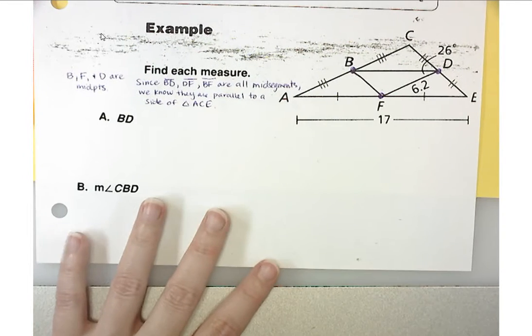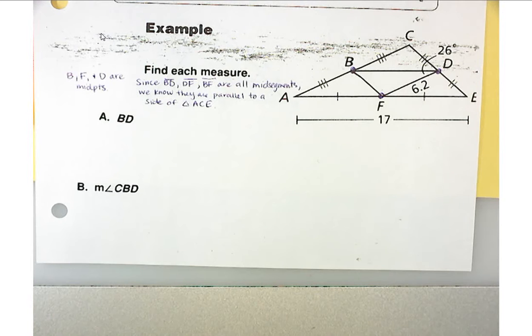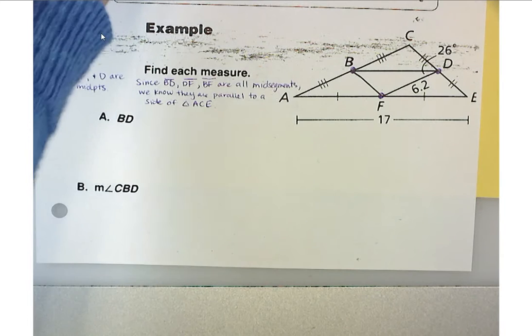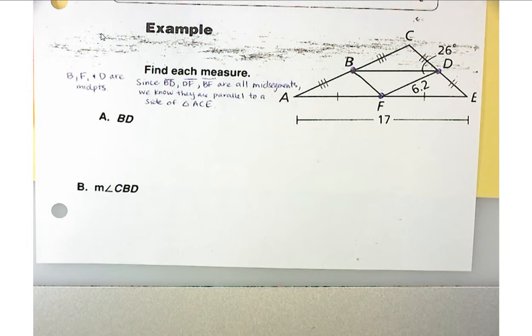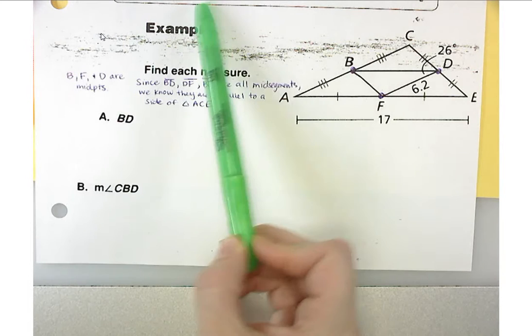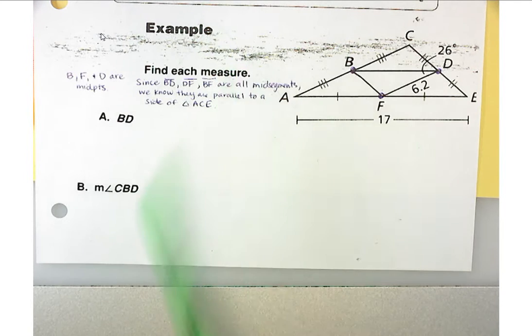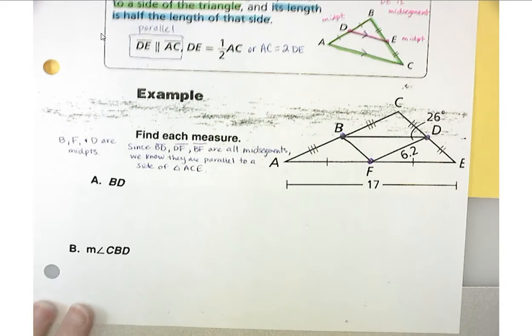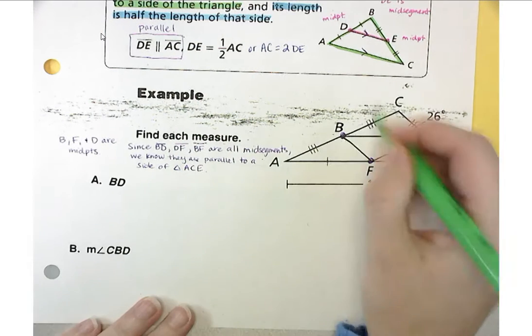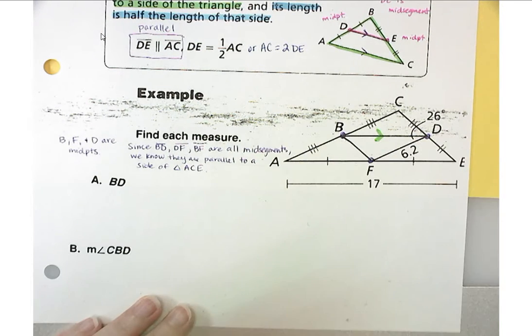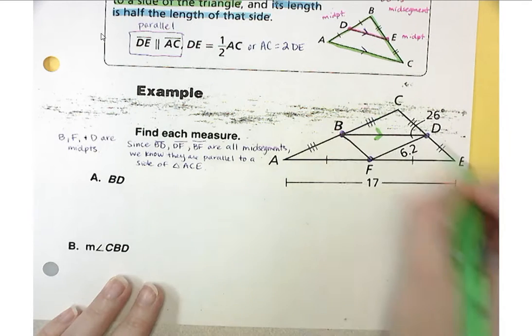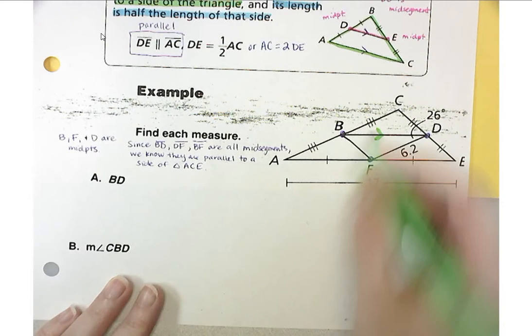So we're going to mark off which side they are parallel to, because not only are we going to know that they're parallel, but we also know that the midsegment is going to be half the length of that side. For BD, BD is going to be parallel to what side of the triangle? AE, good.